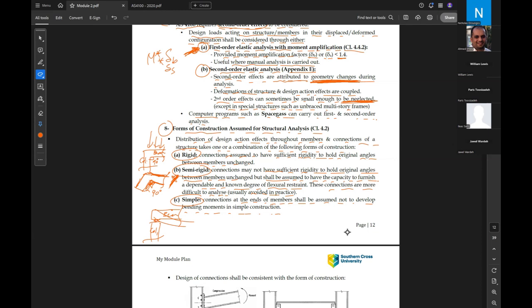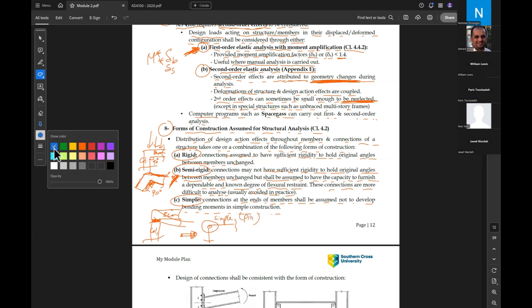This one acts separately, and this means that in structure modeling, this is the connection, simple or pin connection. But here for the rigid, this is the connection. If the connection has no pin, this is called a rigid connection.